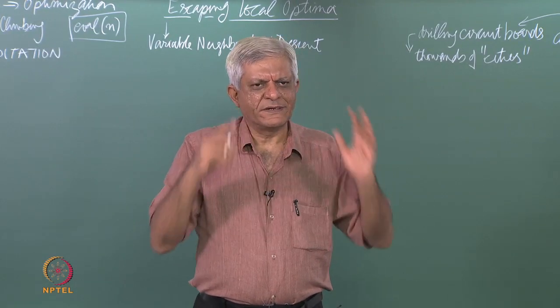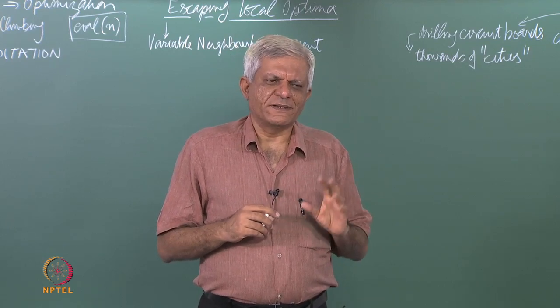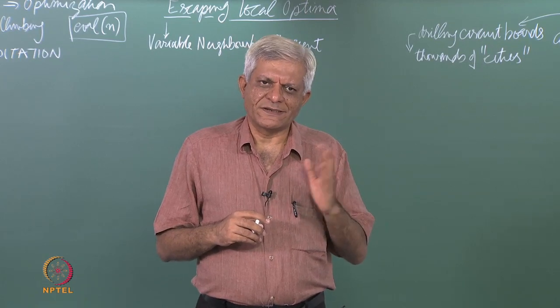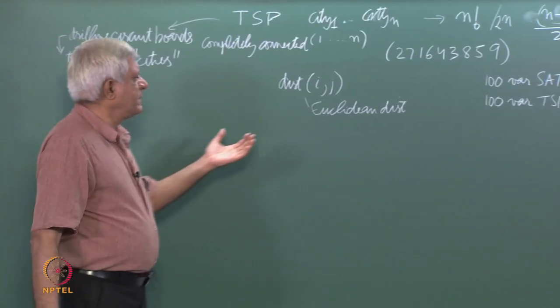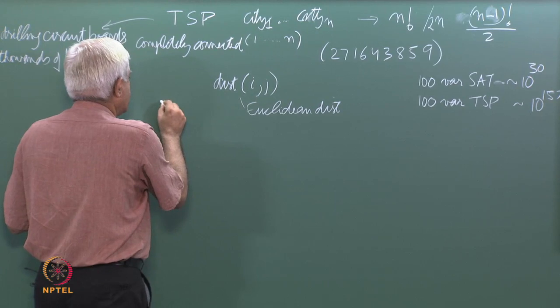Supposing it was a grid and you have to drill many holes in the grid, then you can at least hope to find a good solution, if not necessarily an optimal solution. Now, Euclidean distance we will call a Euclidean TSP.